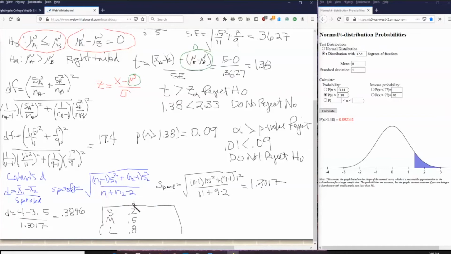So now we're going to compare the standard effect sizes with the calculated value that we got, 0.3846. Well, that's going to fit somewhere in between small and medium on the Cohen standard effect sizes. So that tells us the effect is small because 0.384 is between Cohen's small and medium effect size values.